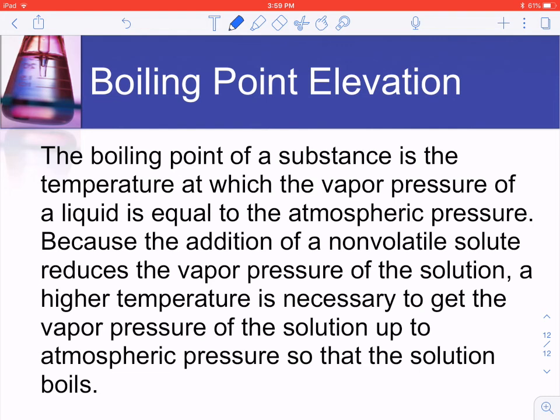So if we add solute, that decreases the vapor pressure because it's kind of taking up room at the surface of the liquid, like we talked about at the beginning. If we have less vapor pressure, that means we need to add more energy, and energy is temperature, and so we're basically raising the temperature, raising the boiling point. That means the boiling point goes up because we have less pressure.